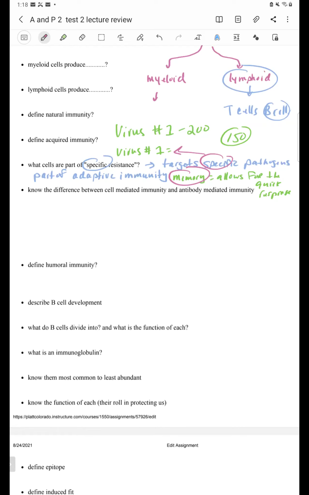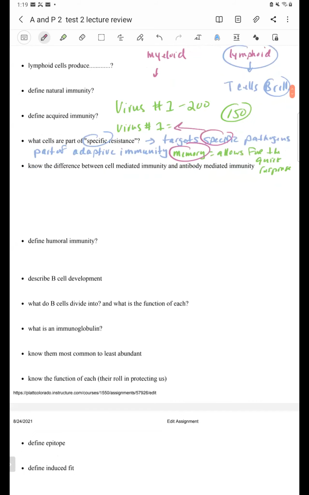Obviously it has not seen number 2, 3, or 4 yet, and if the child does, they'll be symptomatic, and then they'll learn to fight it. So when they see it again, they'll be fine, and thus the dance continues throughout a lifetime. So that's part of the specific and memory of resistance.